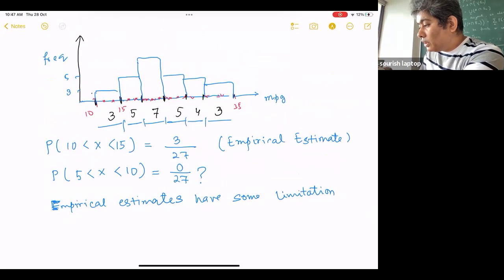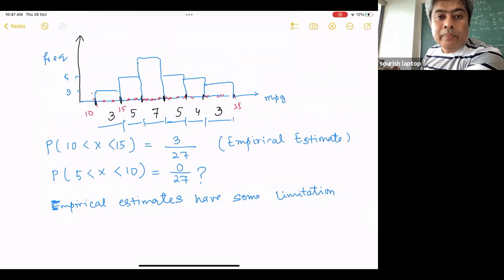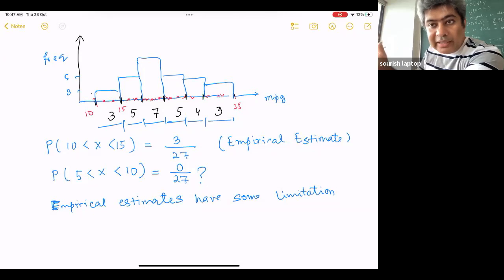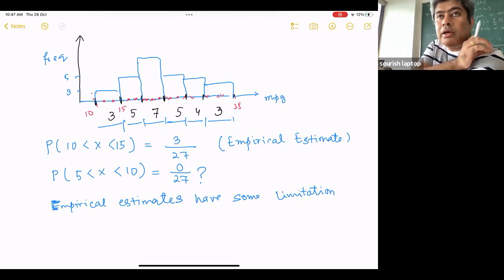In fact, if your data is highly positively skewed, negatively skewed, or skewed on one side, you may have to take a larger bin width at the tail side and a smaller bin width at the body.